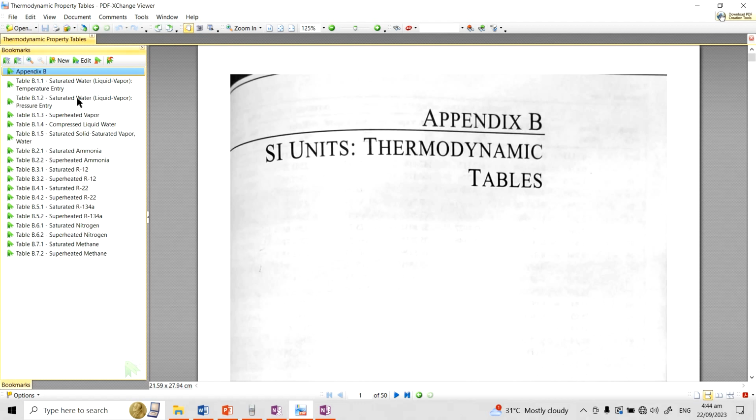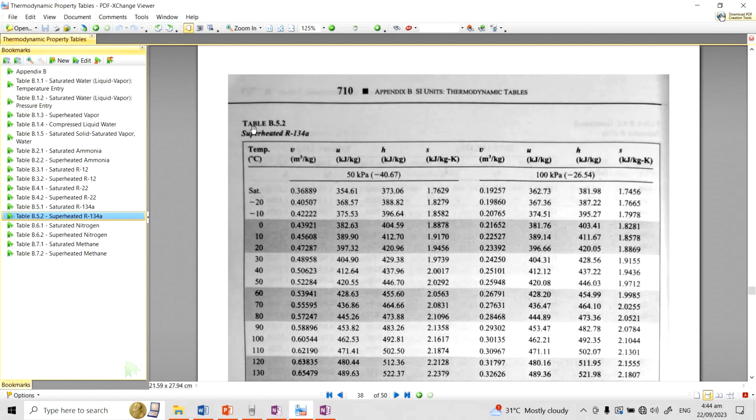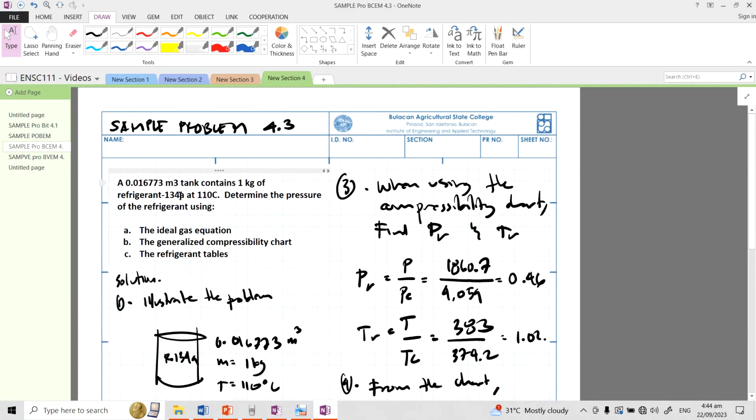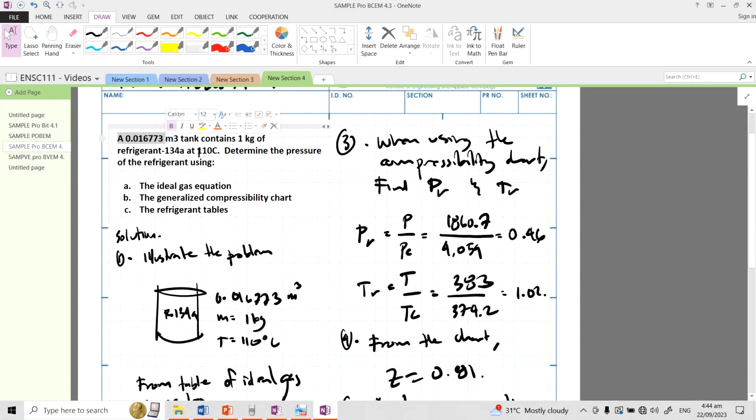So now in these thermodynamic tables, we'll be entering the table for superheated R134A. Here it is, table B.5.2, superheated R134A. What's given to us is the specific volume and the temperature, 110 and 0.016773, and the pressure is what we are going to find.